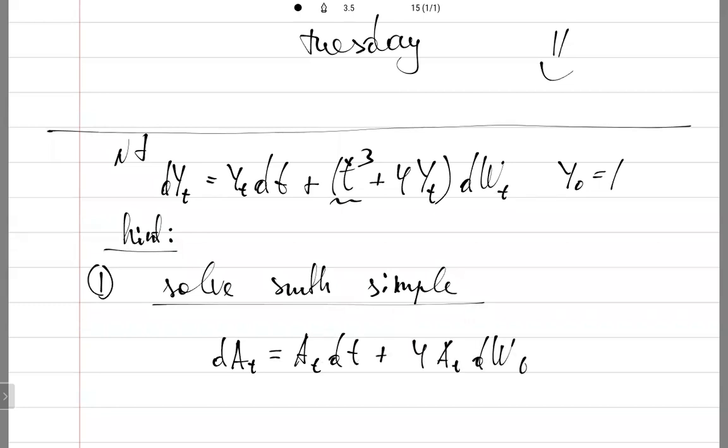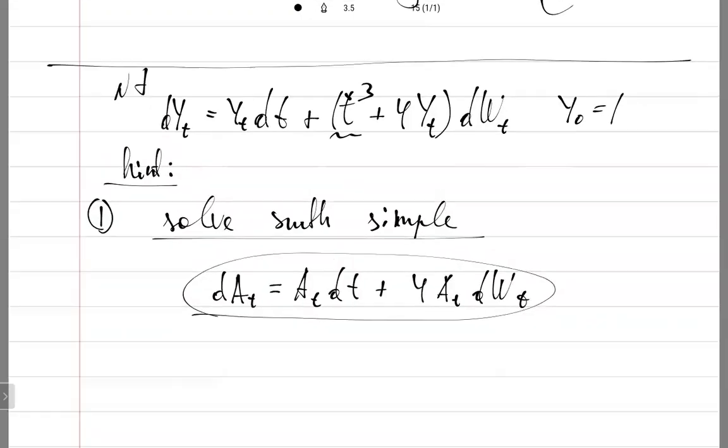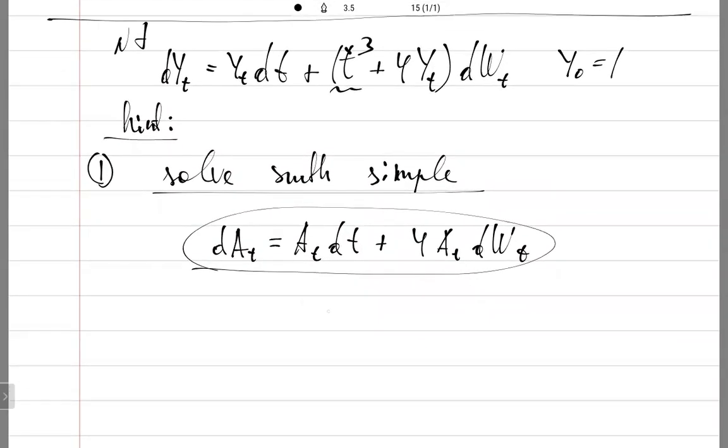4a(t) dW(t). So basically, we see that we have already solved this equation. I can solve it once again, but if you remember the Black-Scholes model, it was mu S(t) dt plus sigma S(t) dW(t), and we have solved it.